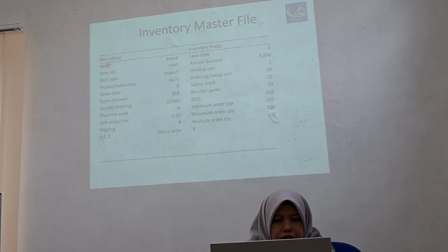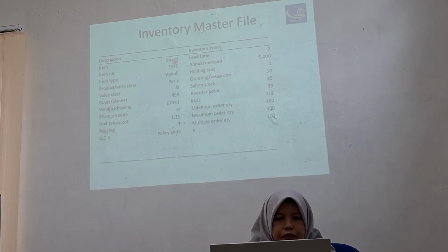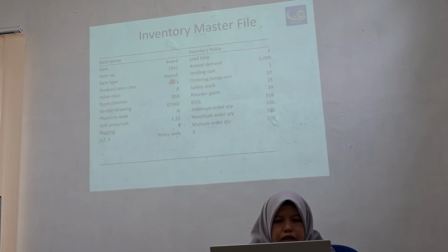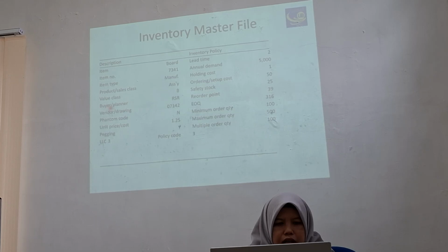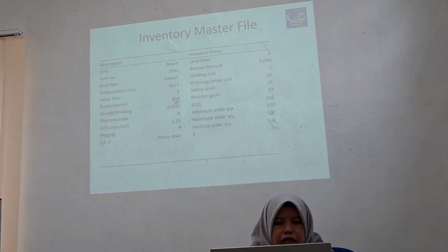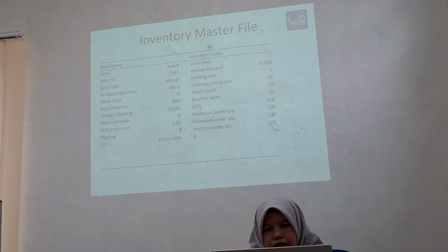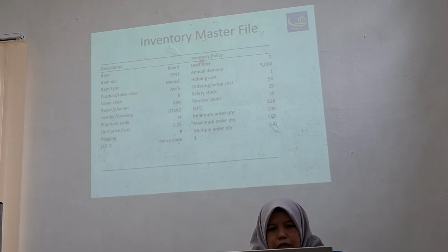For the description, the information must be recorded in the warehouse department about the item: the item name, item number, item type, manufacturer, product or sale place, value, class, who is the buyer or planner, with the initial name, etc. The second is about the inventory policy.